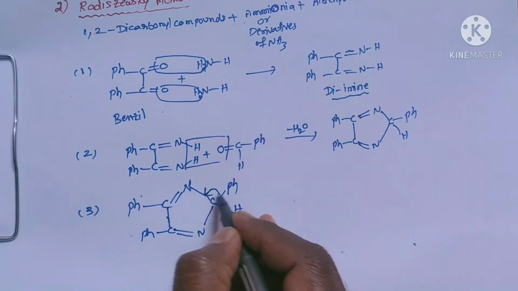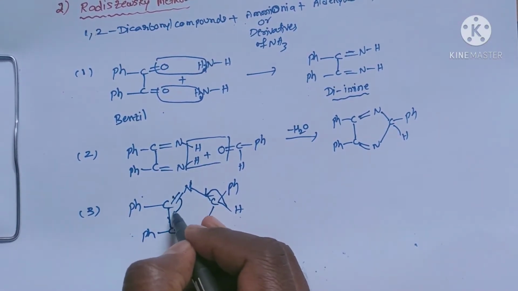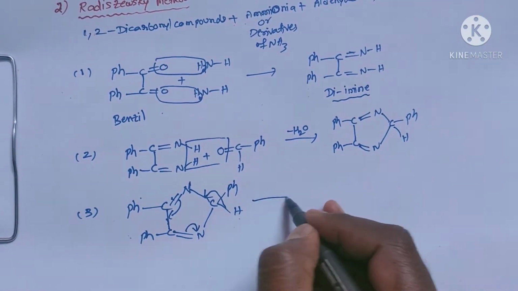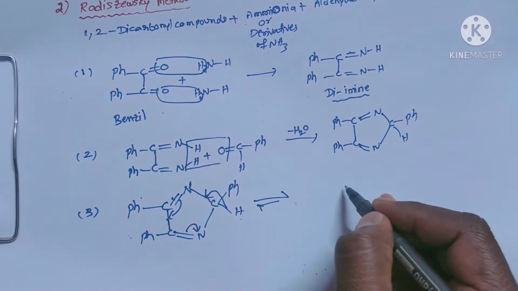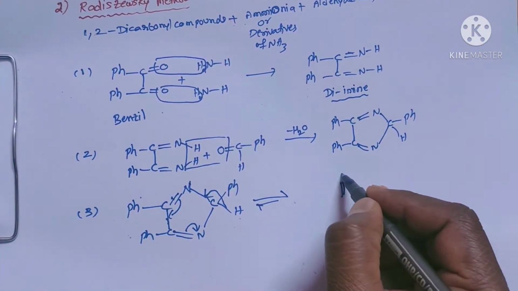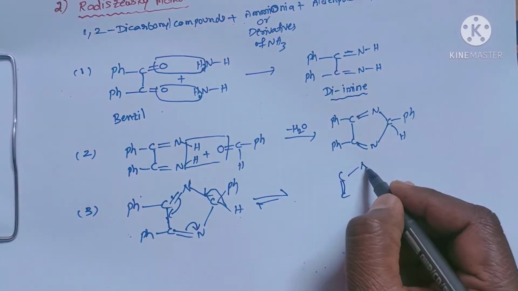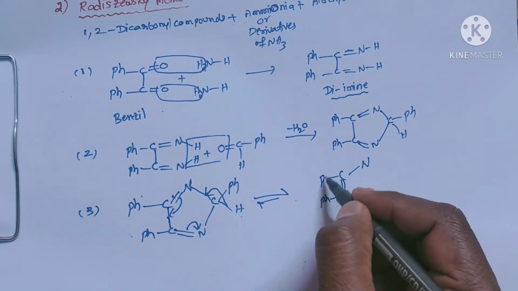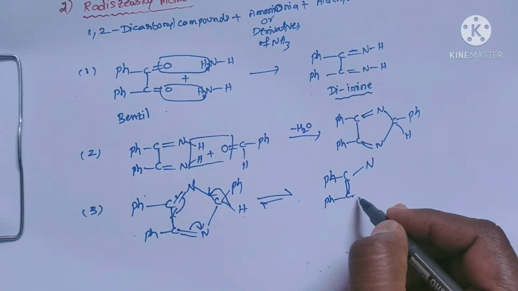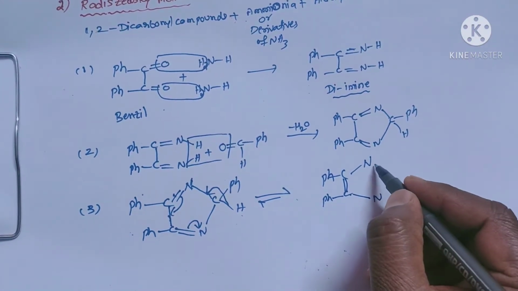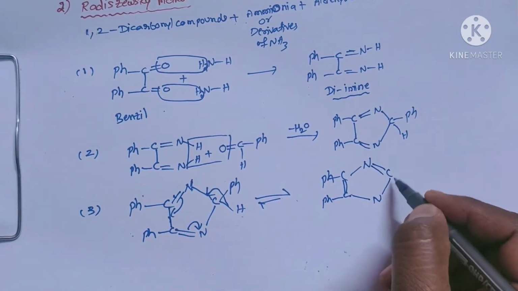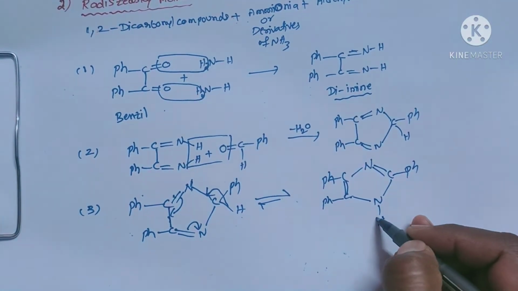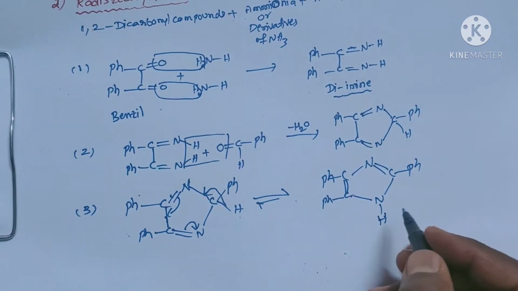So now this bond breaks here, and this bond is shifted here. Okay, and this electron pair comes onto this nitrogen. As a result, what happens? Look here. So like this, the imidazole ring is formed.